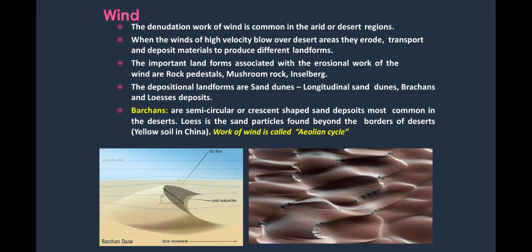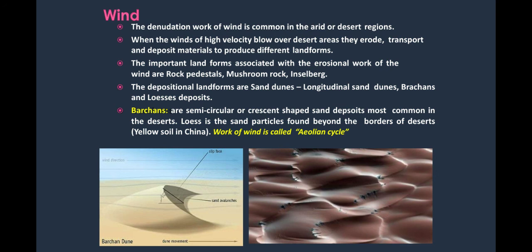The depositional landforms are sand dunes, longitudinal sand dunes, barchans and loess. Barchans are semicircular or crescent-shaped sand deposits, you can see in the picture, most common in deserts. Loess is the sand particles found beyond the borders of deserts, like the yellow soil in China. The work of wind is called the aeolian cycle.